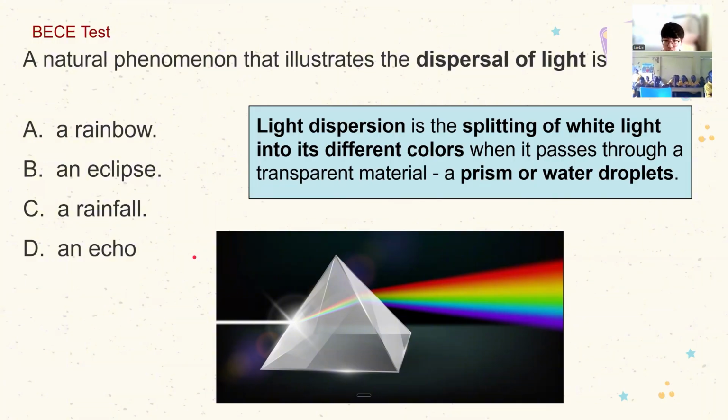So when does light dispersion happen? Is it a rainbow? Is it an eclipse? Is it a rainfall? Or is it an echo?